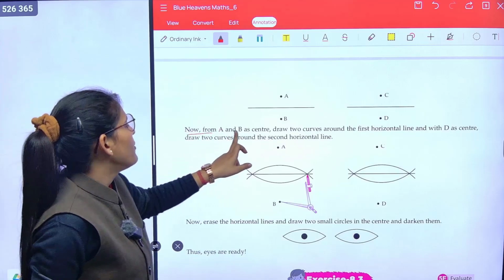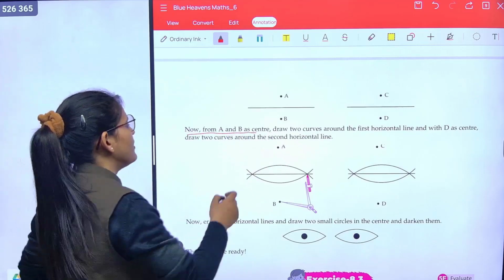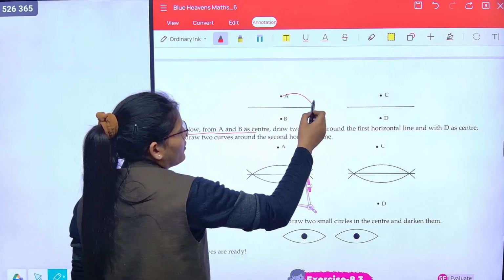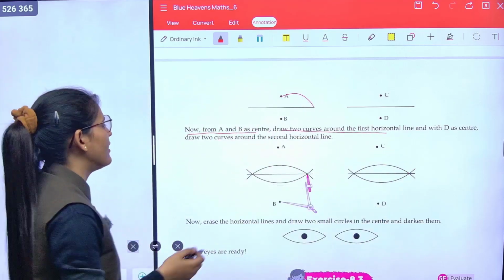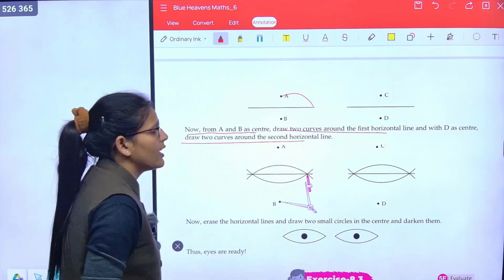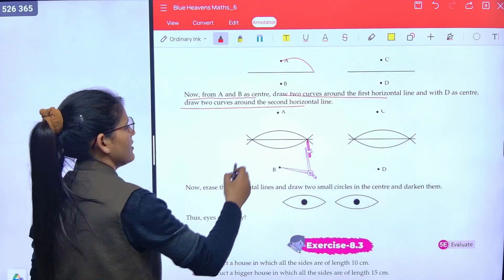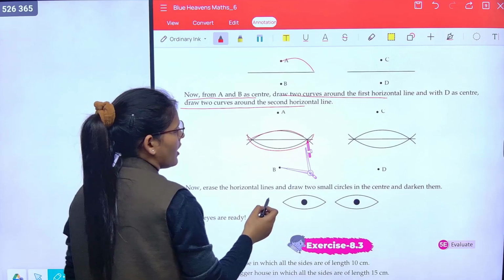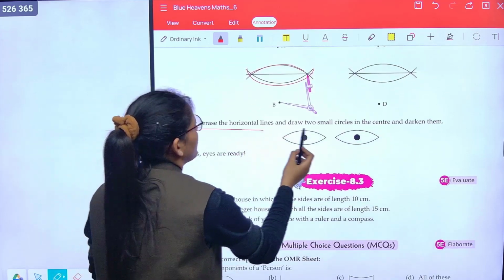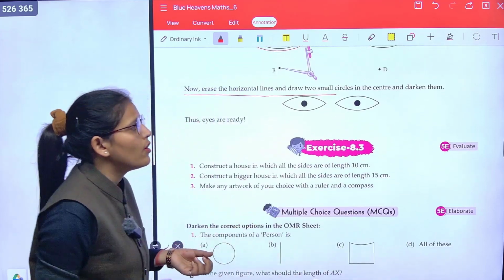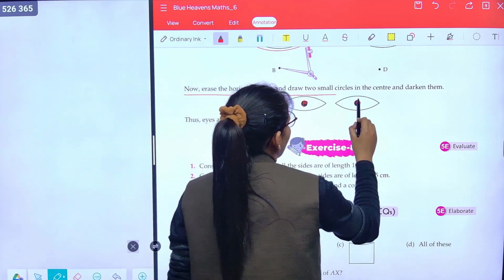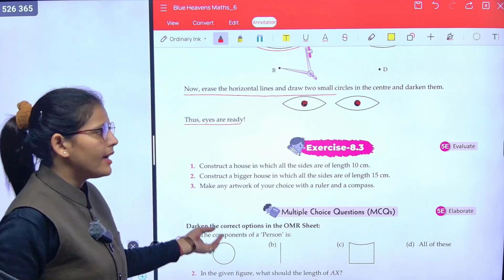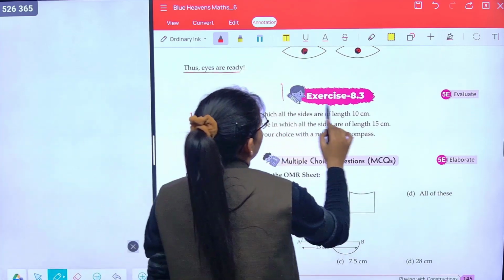Now from A and B as center, draw 2 curves around the first horizontal line and with D as center, draw 2 curves around the second horizontal line like this. Now class, erase the horizontal lines and draw 2 small circles in the center and darken them. Thus, eyes are ready.